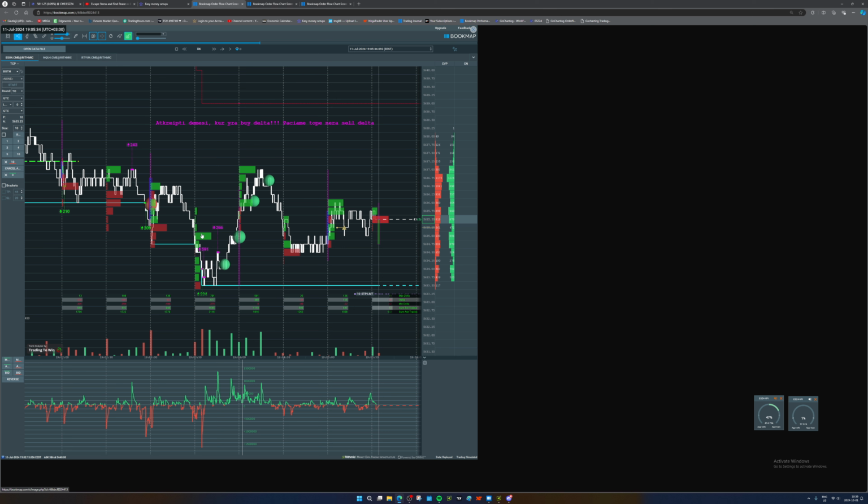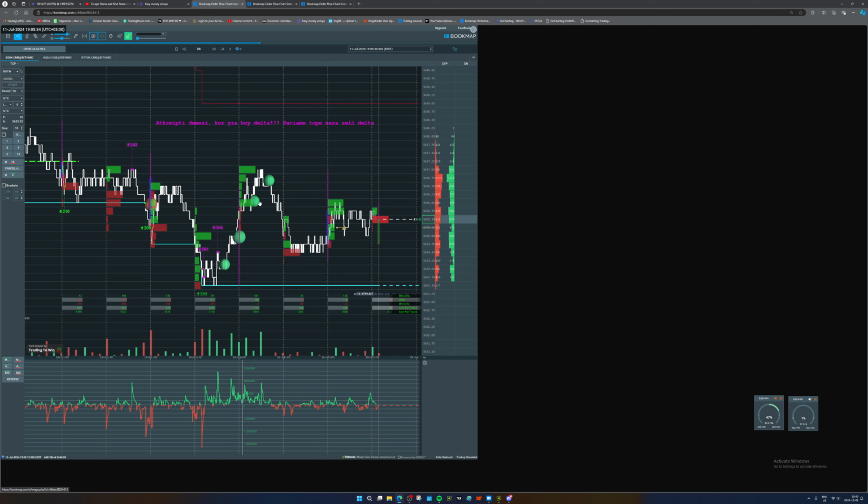But I want to see what is happening in this area. Let's say buyers are buying over here in this low, but I'm more curious about what is happening in this area. And how do I see it? I look at the delta profile.